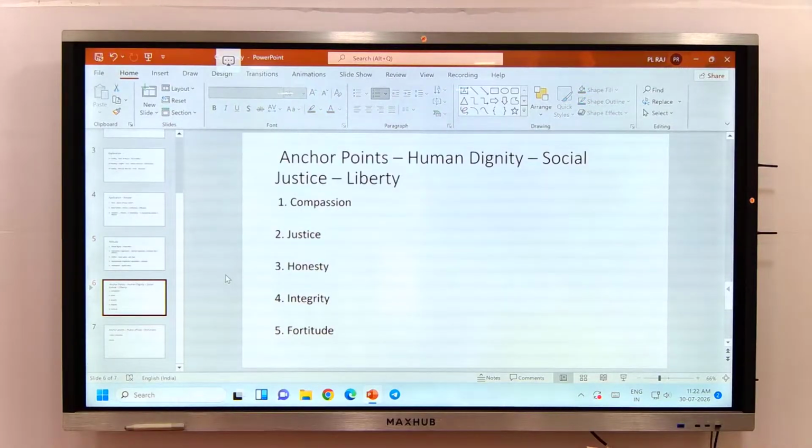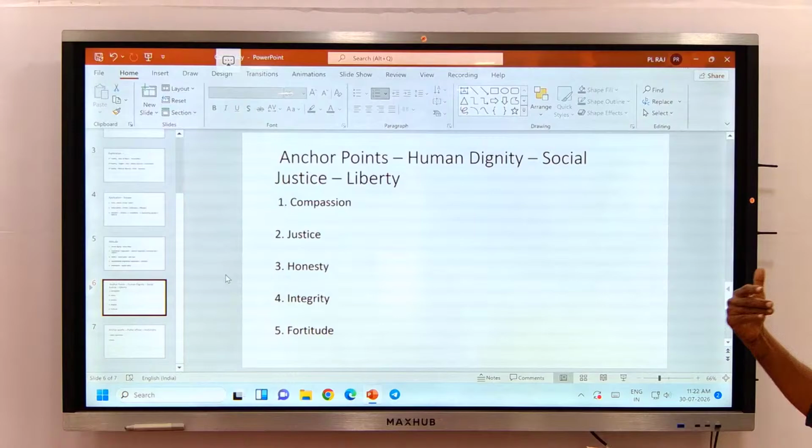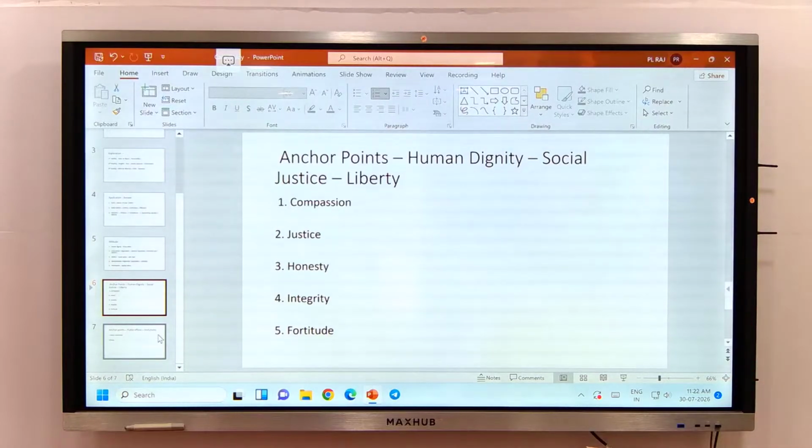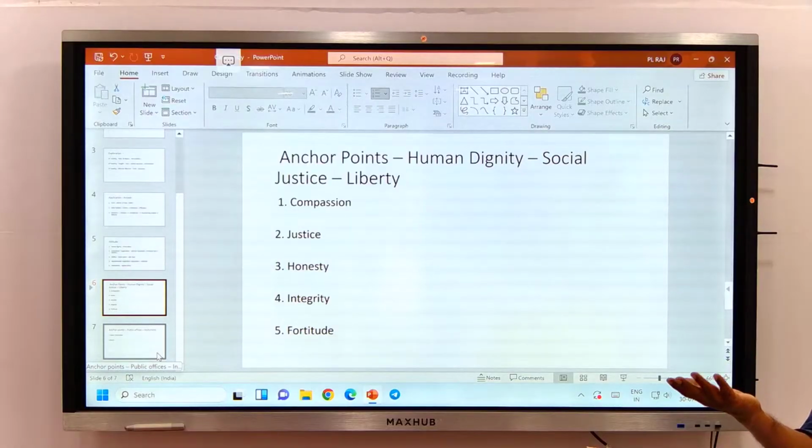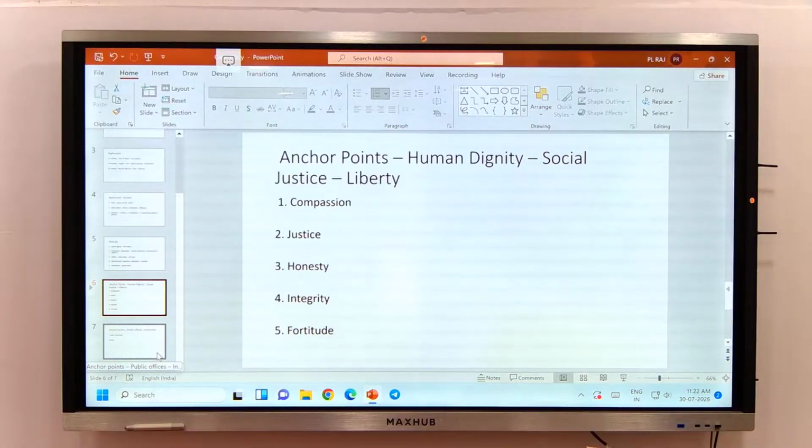Then we have to weigh the values and there should be certain anchors of our stand. While answering for our action, we should have the anchor points. Then the solutions are of three categories: compliance, then the overreach, then the middle way.